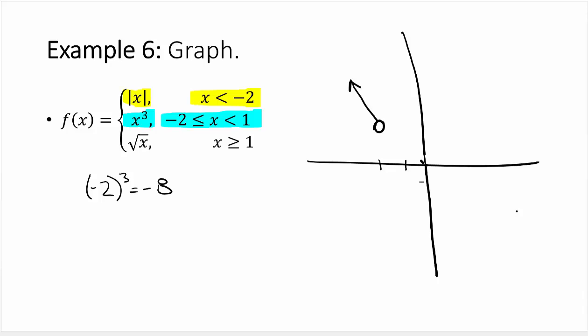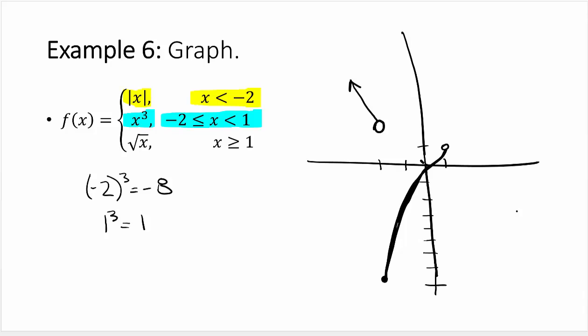So at -2, -8 would be a closed-in circle. If x is equal to 1, 1 cubed is 1. So right at 1, 1, we would have an open circle, and we're connecting that with the shape of our cubic graph, right? So that's kind of what that piece then looks like as far as that portion of our graph.